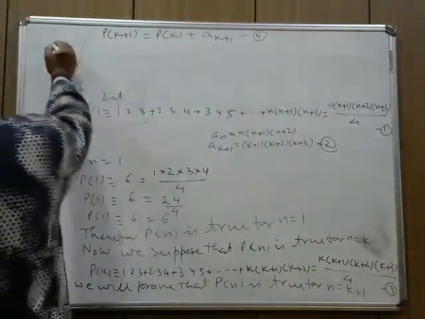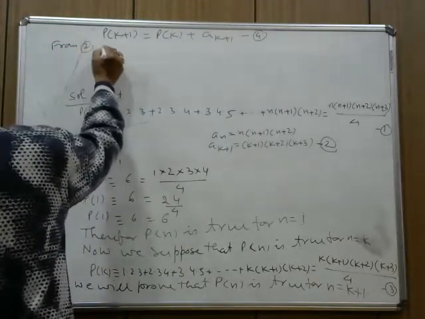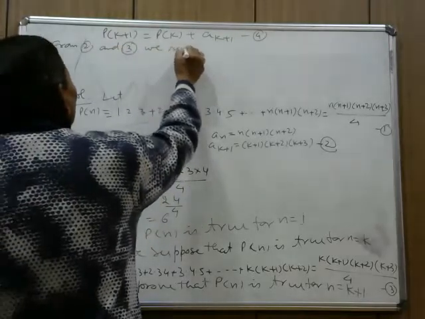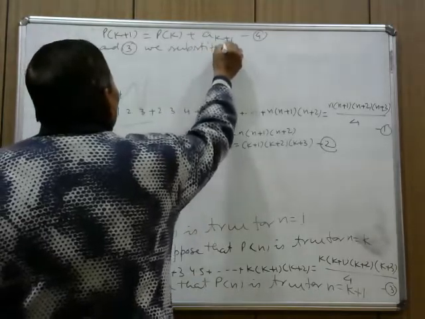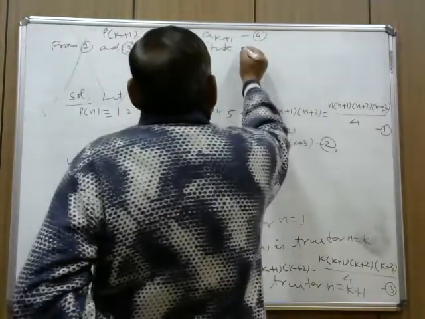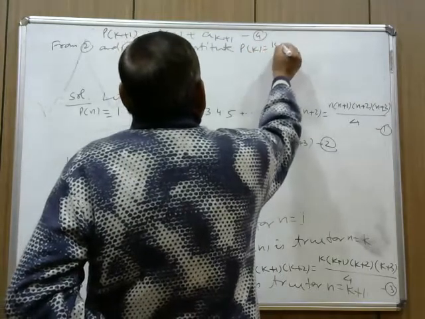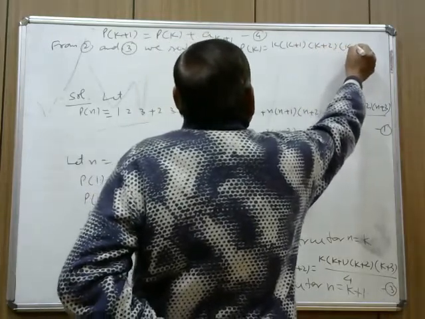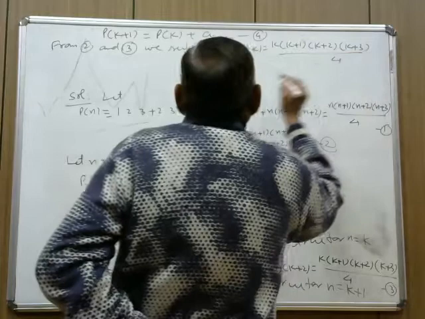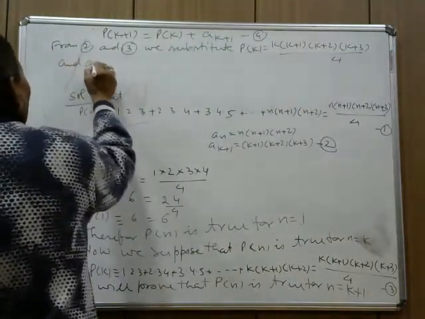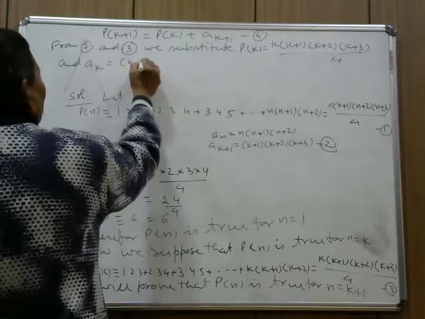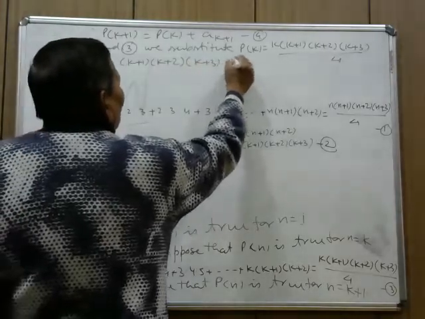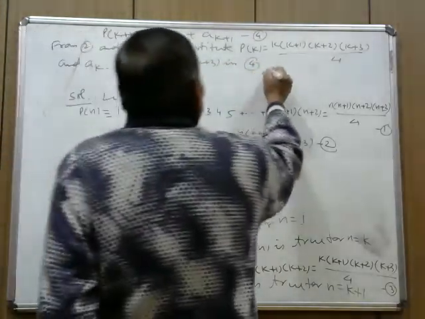From 2 and 3, we substitute Pk equal to k into k plus 1, k plus 2, k plus 3 by 4, and ak plus 1 equal to k plus 1, k plus 2, k plus 3 in 4. We get it.